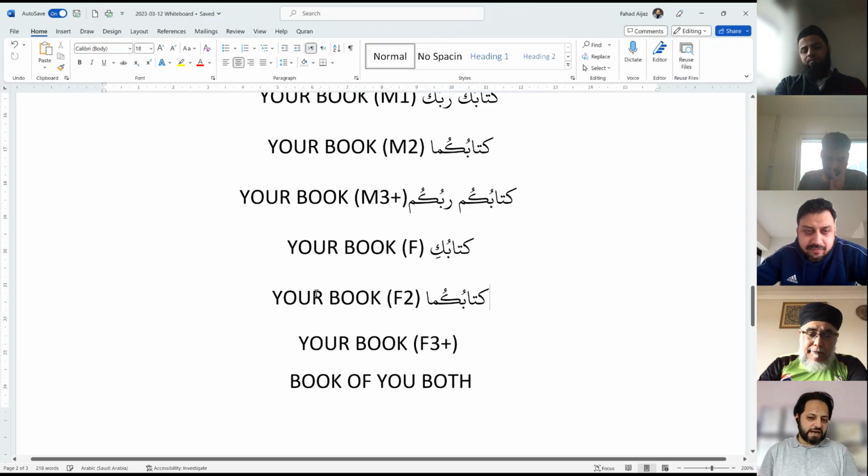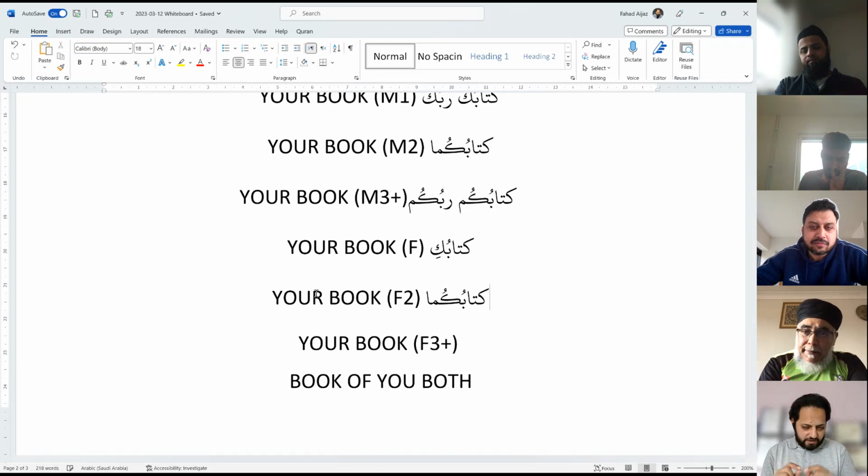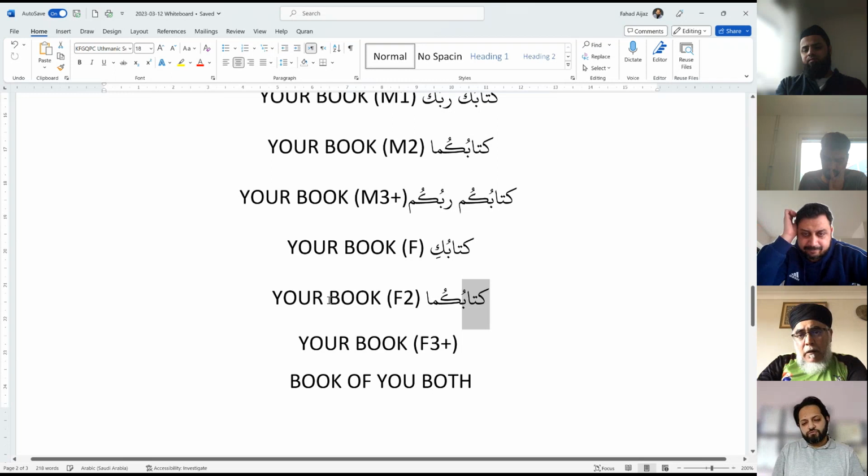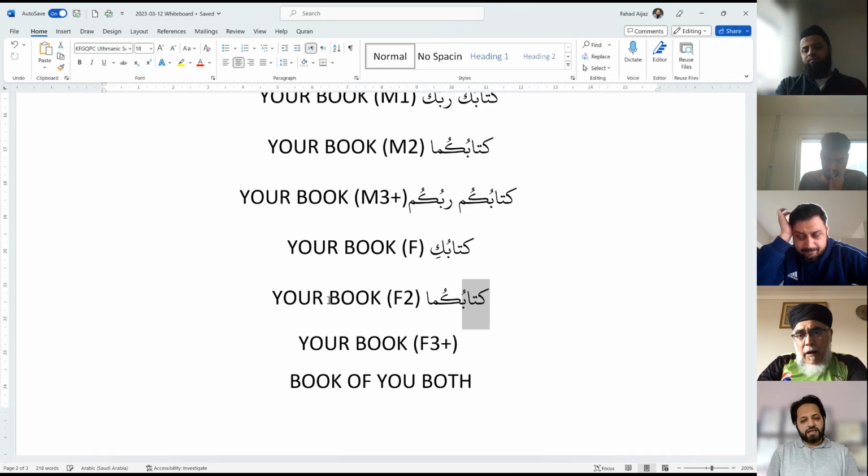All you need to understand is how this idafa construction is taking place. You should be able to recognize this is an ism which is light. It doesn't have an al, therefore I'm calling it a mudaf. And if it is a mudaf, I need to prove that there is a mudaf ilayhi after it, and that mudaf ilayhi has to be in jar.